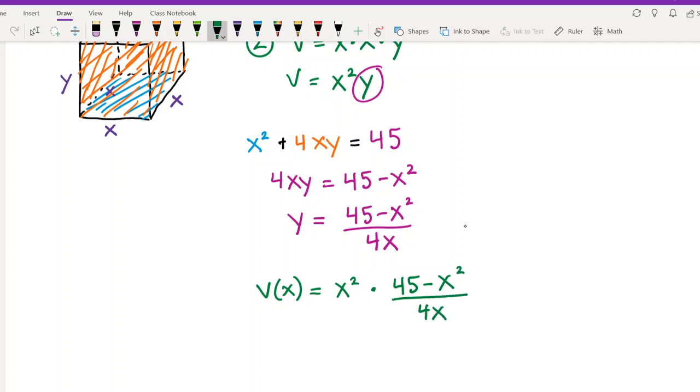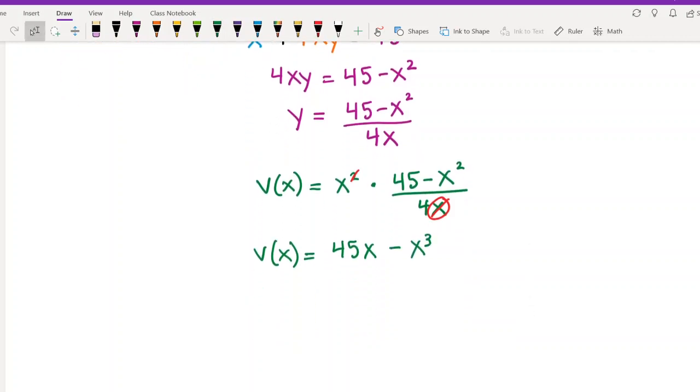And so we can simplify this. We have an x down here and an x squared up here, so we can cancel those out. And so we'll be left with V of x is equal to 45x minus x cubed over 4.